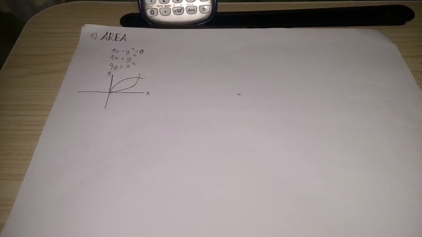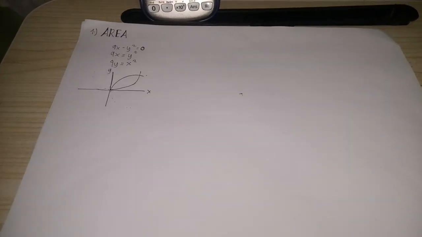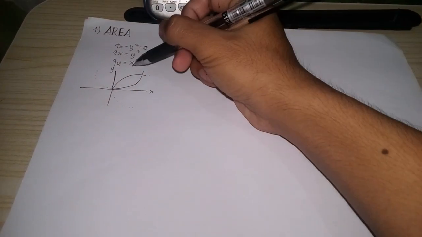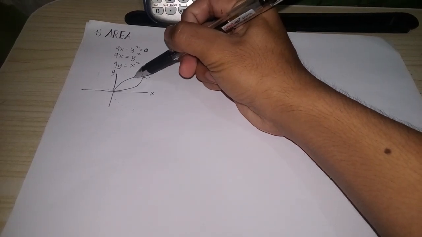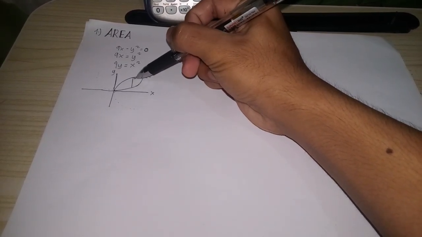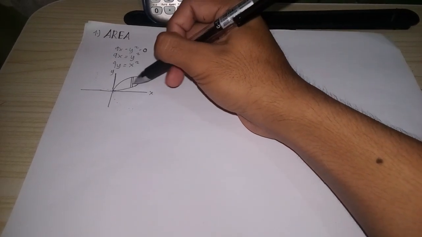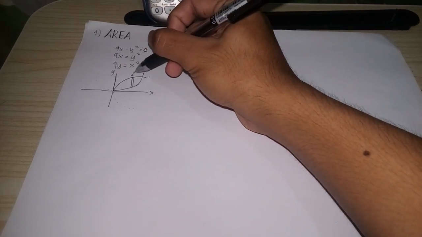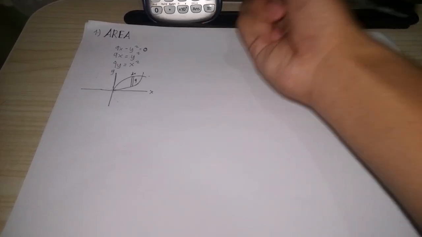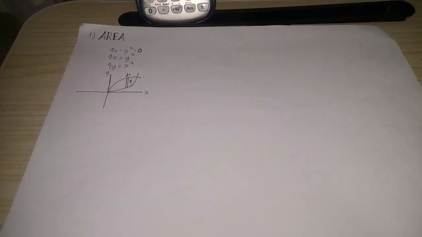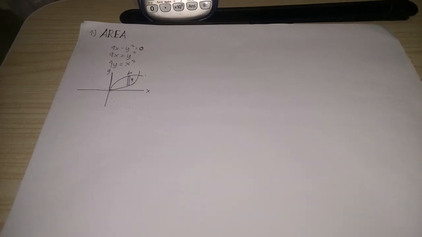What should we do next? To solve for the area, we need to cut a little strip in our curve. This will be dx, and this will be y.